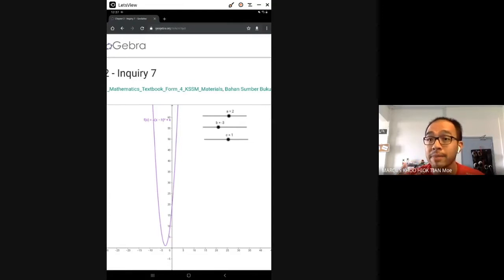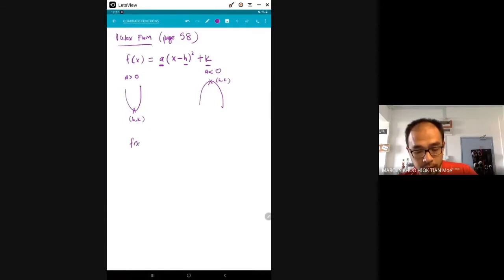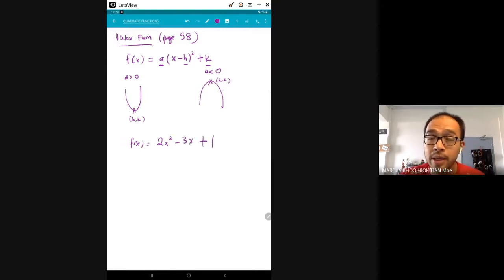Because this is A, B, C, this is general form. So the persamaan is f(x) equals 2x squared minus 3x plus 1. Inilah general form.